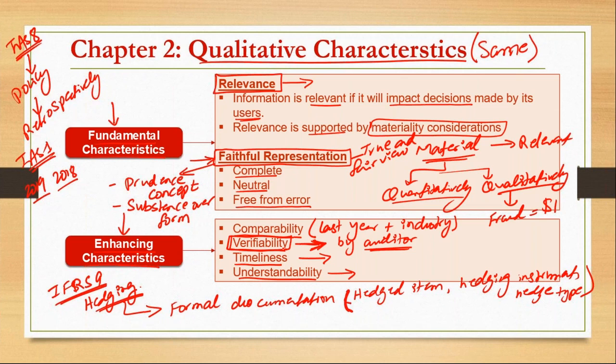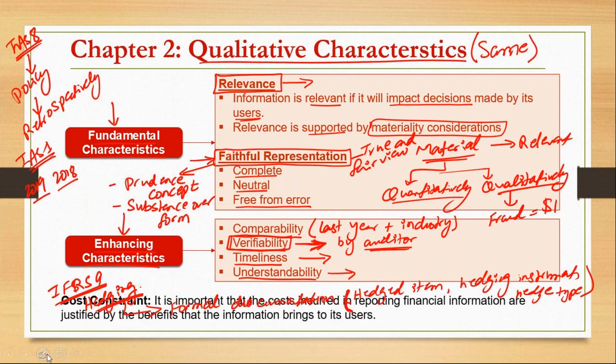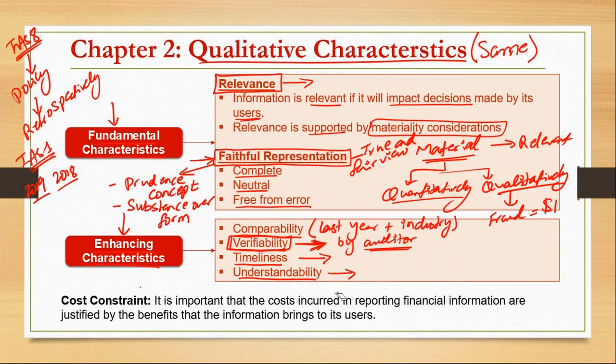Okay, now the next thing is that there can be certain cost constraints, because the more qualitative areas we are going to improve, the more the cost is going to be. So we say that it is important that costs incurred in reporting financial information are justified by the benefits that the information brings to its users.